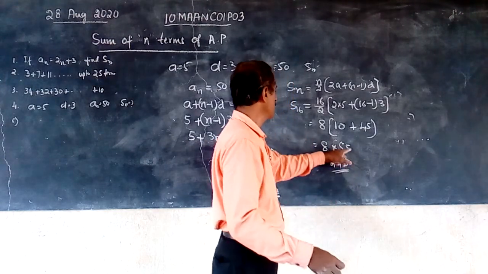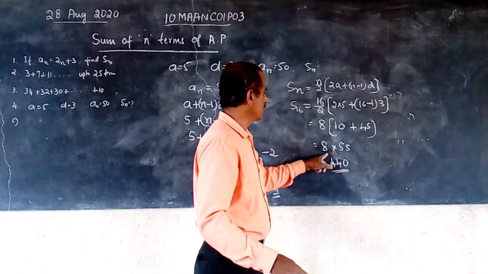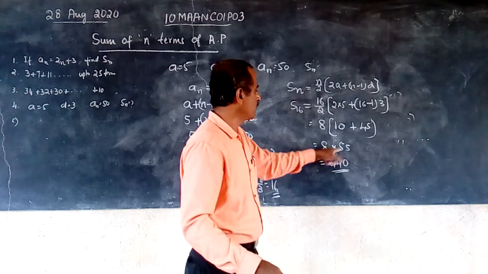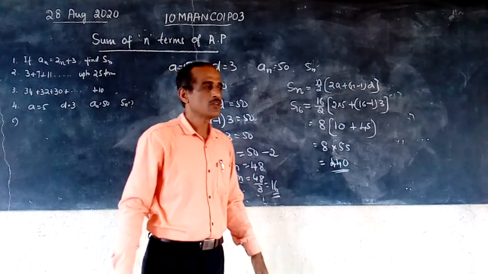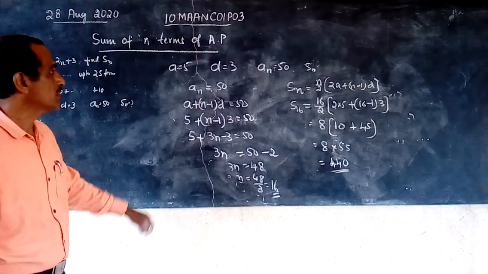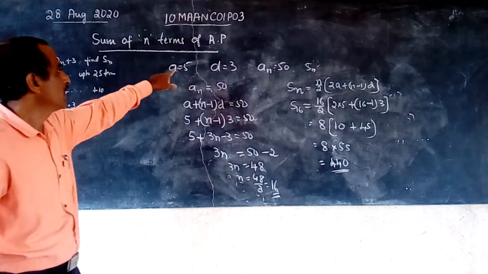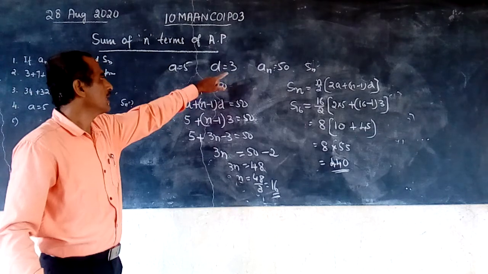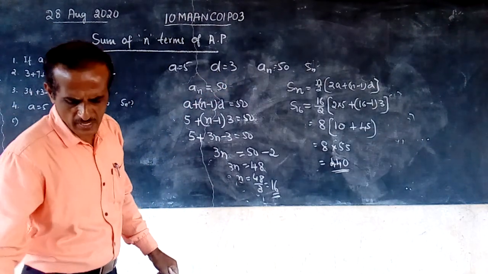So 8 into 55 is 440. This is the value of Sn, the sum of the first n terms, if a, n and d are given. Okay, like this.